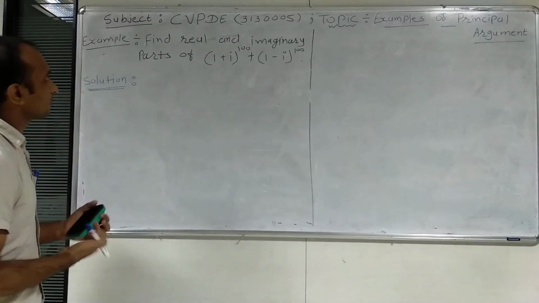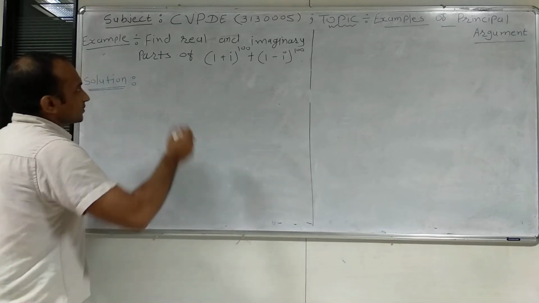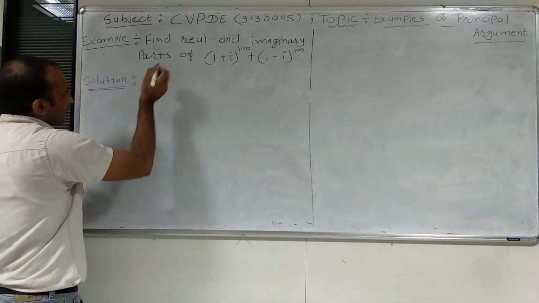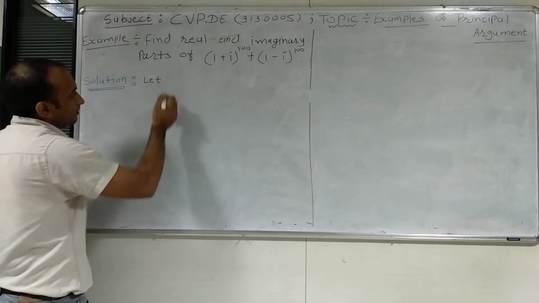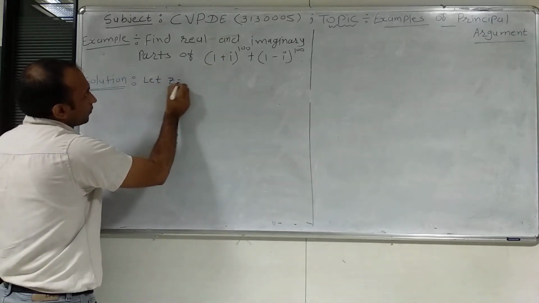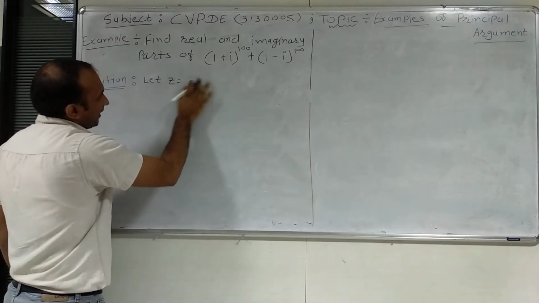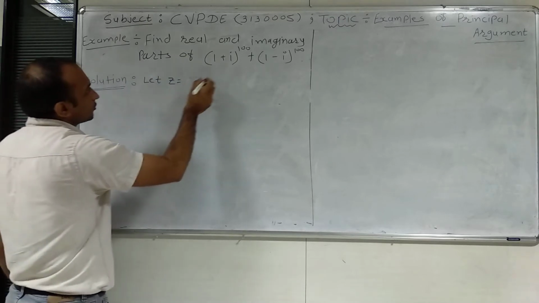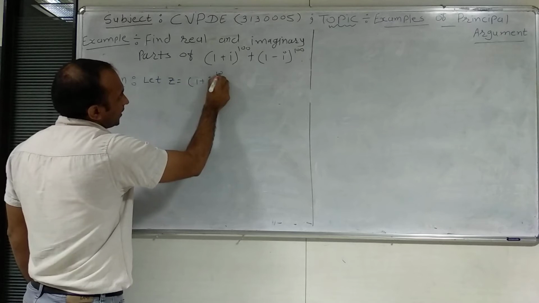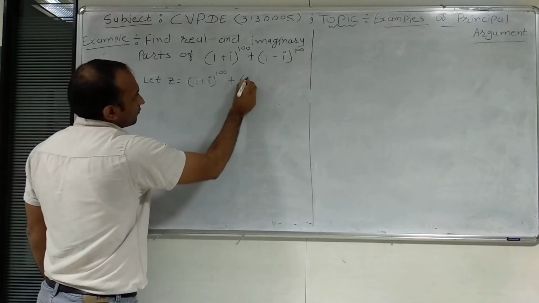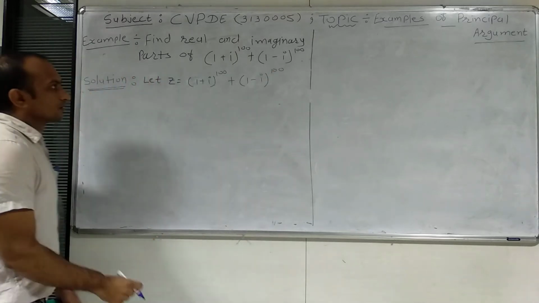So we use here one simple method. So here let this given complex number z equal to 1 plus i raised to 100 plus 1 minus i raised to 100.